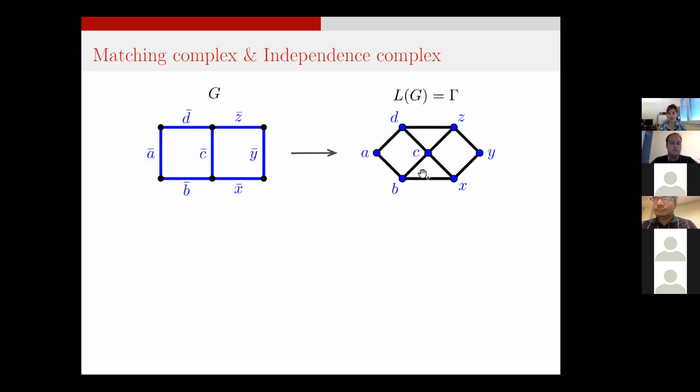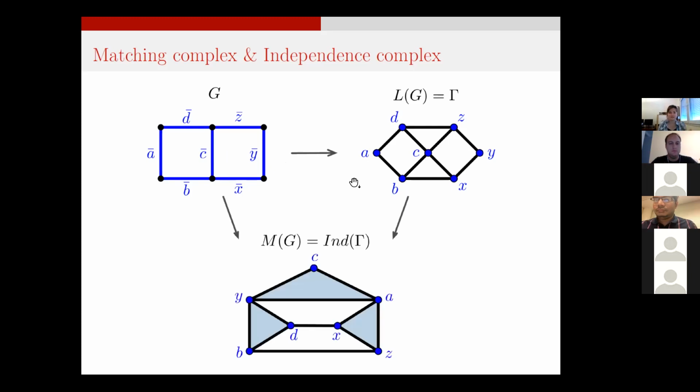And that's how I get the line graph. And now you see easily that an independent set of vertices A, C, Y corresponds to a matching A bar, C bar, Y bar. And this is the relation. So the matching complex of a graph is exactly the independence complex of its line graph. So what we are investigating is just a subclass of independence complexes.